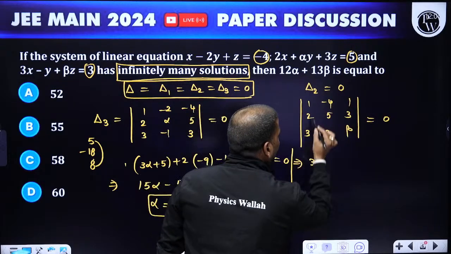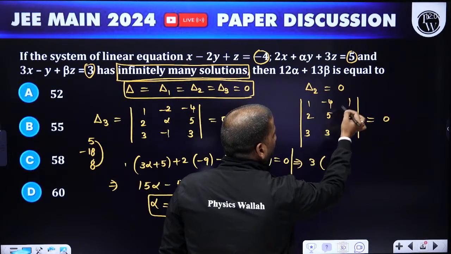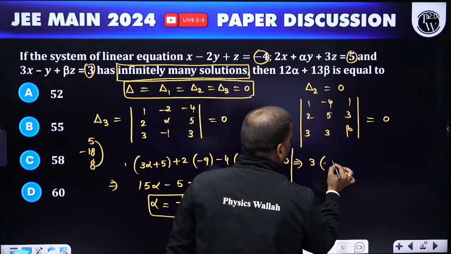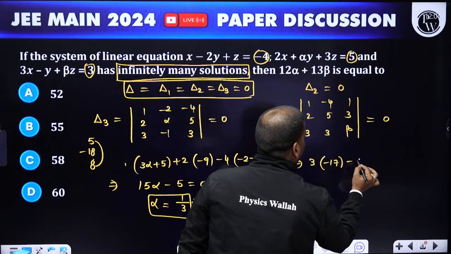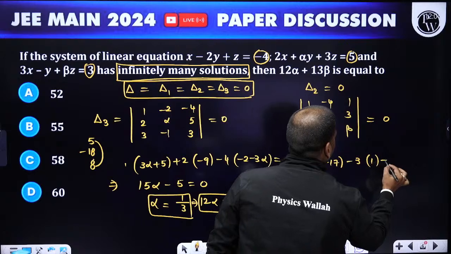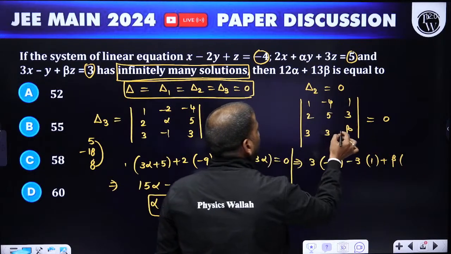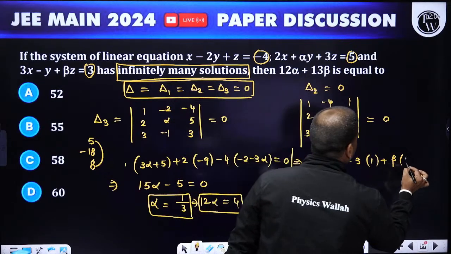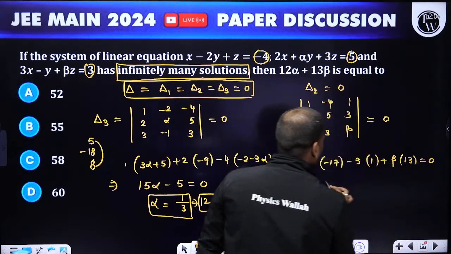So 3 times minus 12 minus 5, which is minus 17, minus 3 times 3 minus 2, which is 1, plus beta times 5 plus 8, which is 13, and that is equal to 0. See, directly we got it.